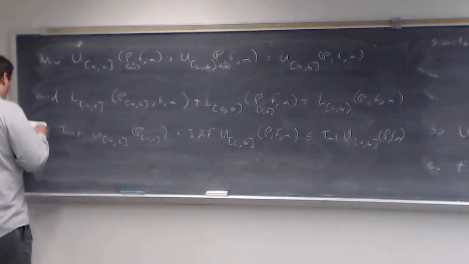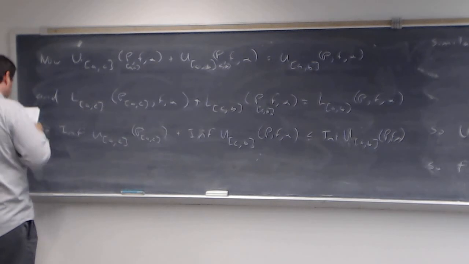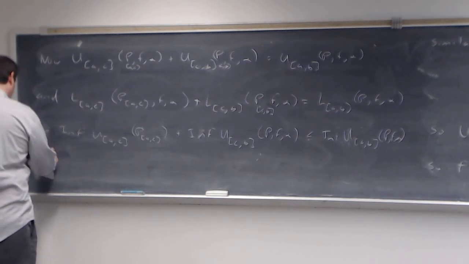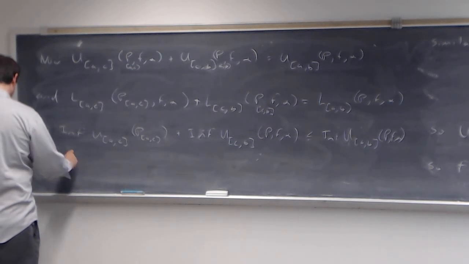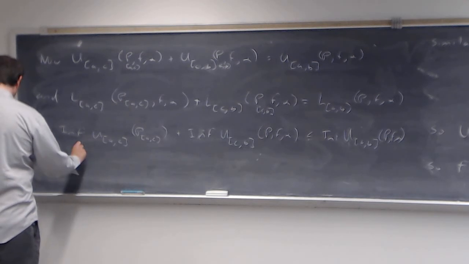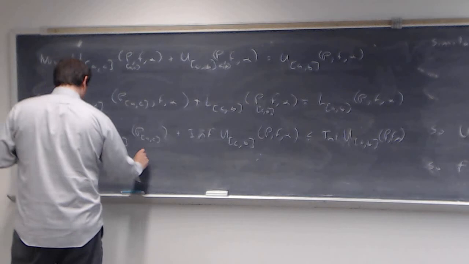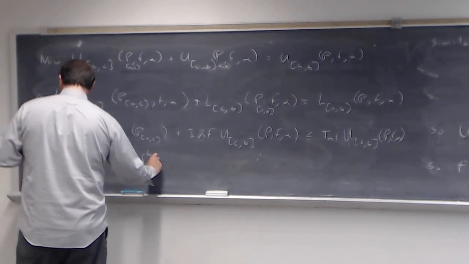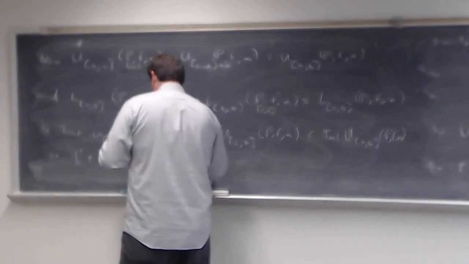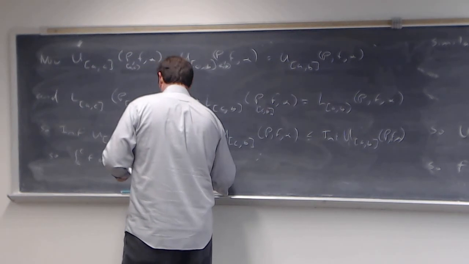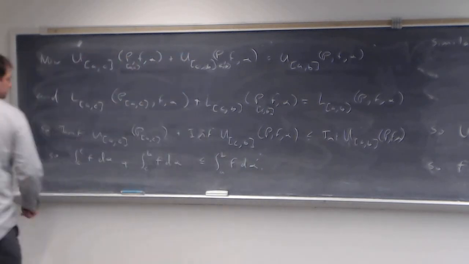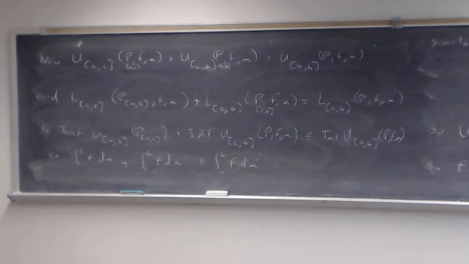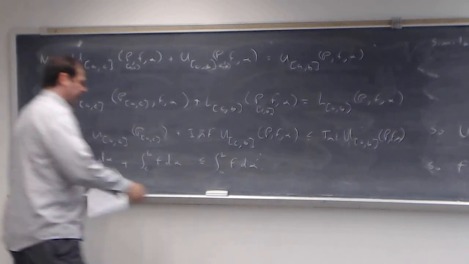And so what we have is that the integral from A to C of F d alpha plus the integral from C to B of F d alpha will be less than or equal to the integral from A to B of F d alpha. That's what we have. Okay, similar to that.